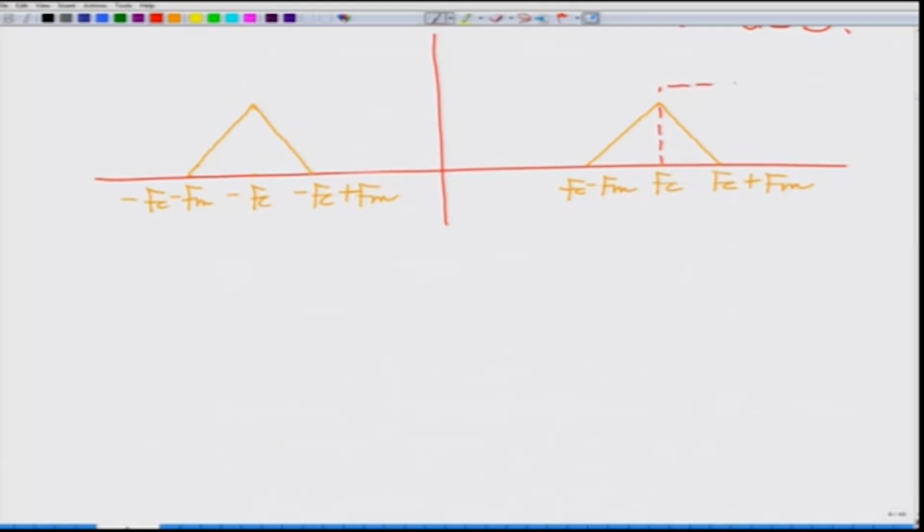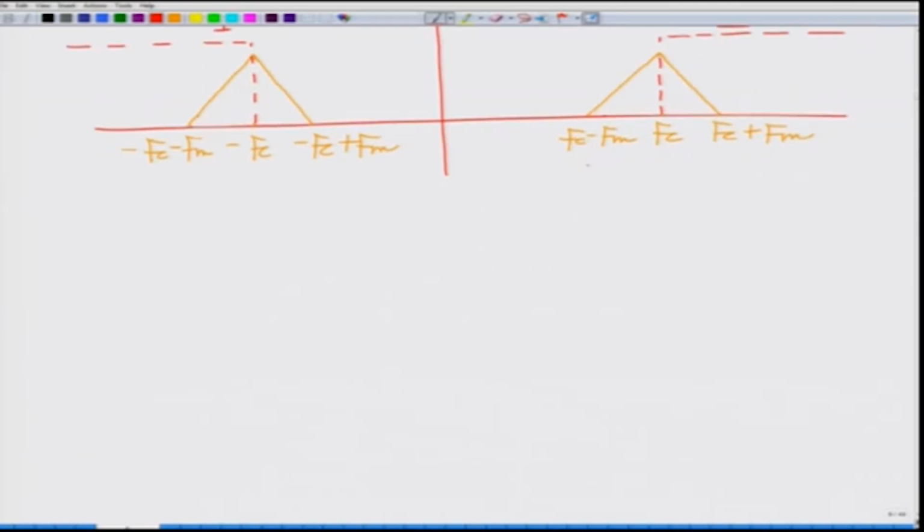I can pass this through a high pass filter with cutoff frequency at Fc, that is a filter which is 0 from minus Fc to Fc, and it is 1 otherwise. So, if I pass it through a high pass filter, let us draw the high pass filter.